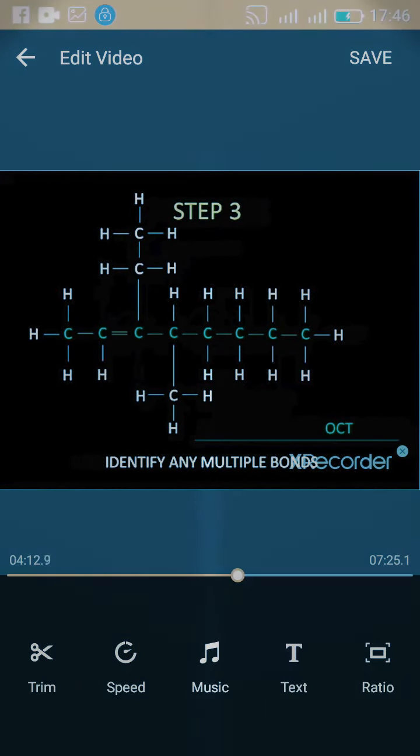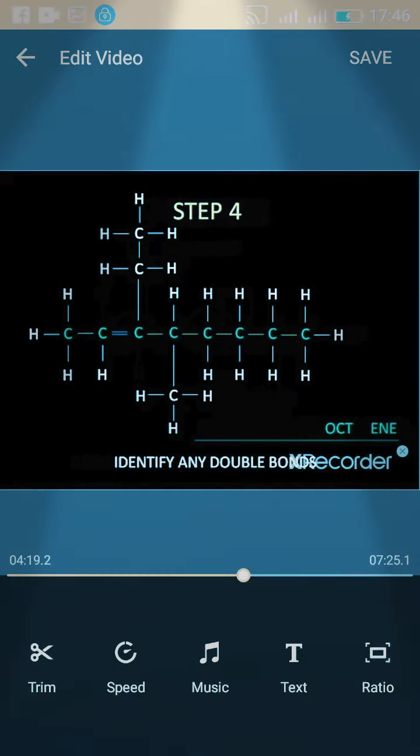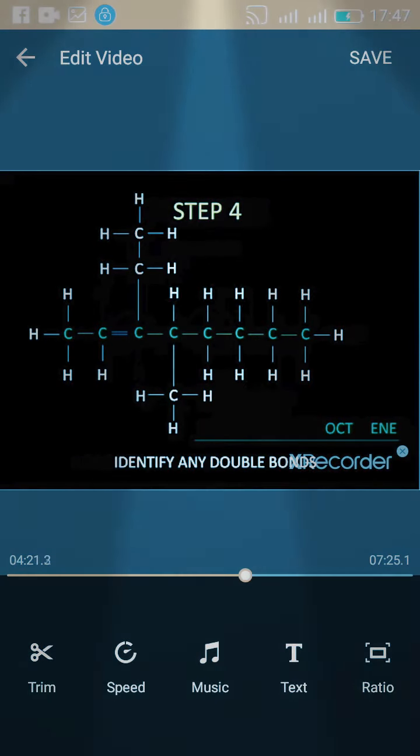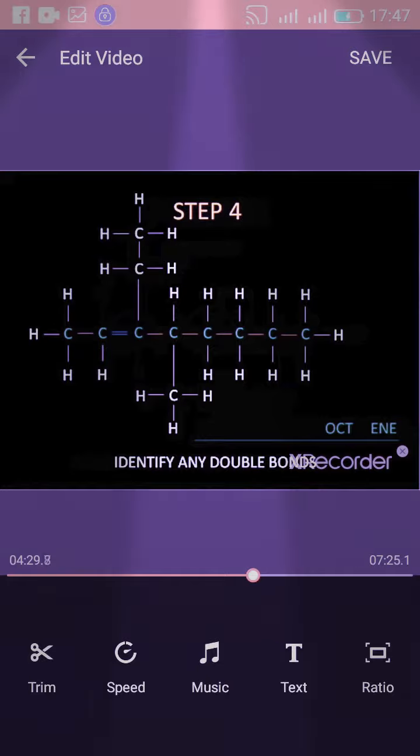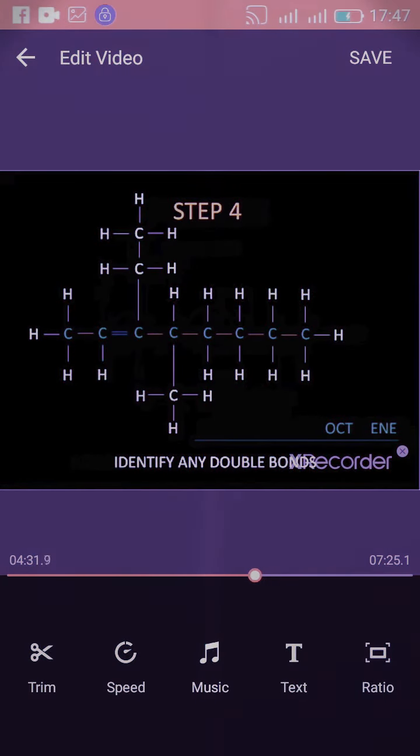After identifying the functional group, make sure that you locate where this functional group is found. Step number 3, identify the multiple bond. The multiple bond is also the functional group of this organic compound. It means that it is an alkene, where we take the last three letters, en, as the suffix of alkene.